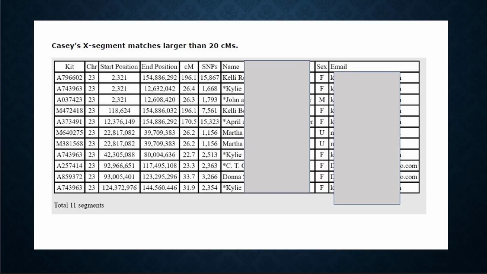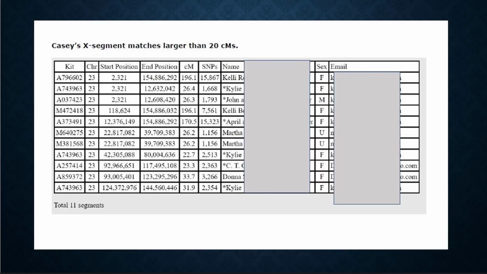My son has segments that match my daughter in how many places? How many places do you see her name? You see Kylie there? Three times. Three different segments. From 2,300 to 12 million, they match. From 42 to 80, they match. And then at the very end, from 124 to 144 million.